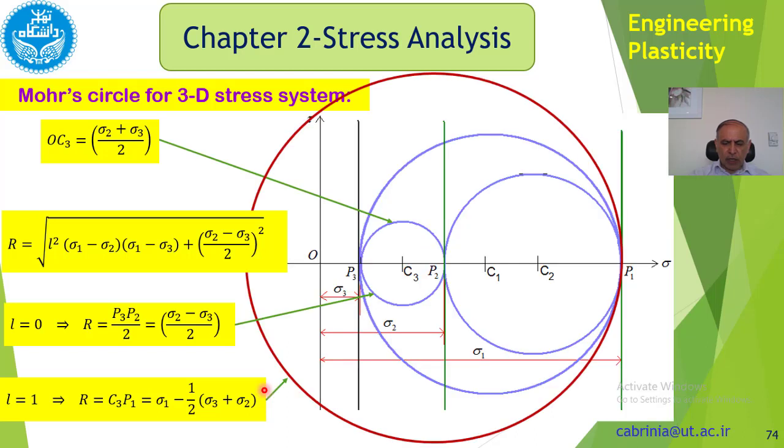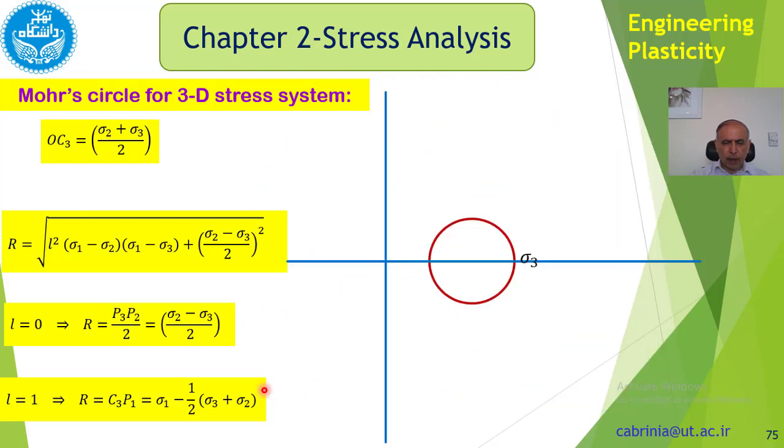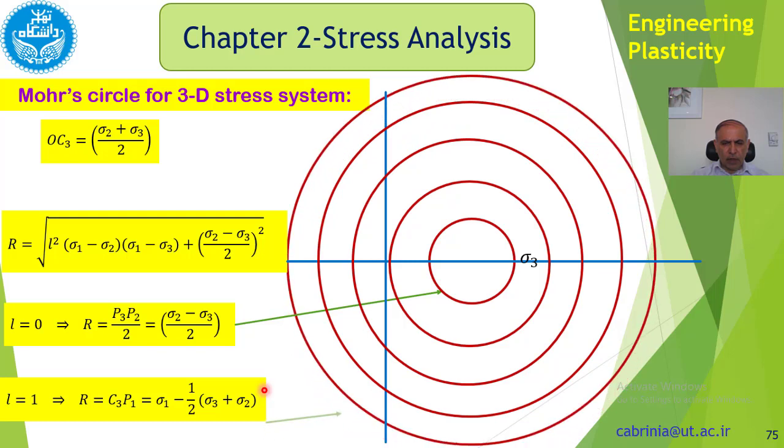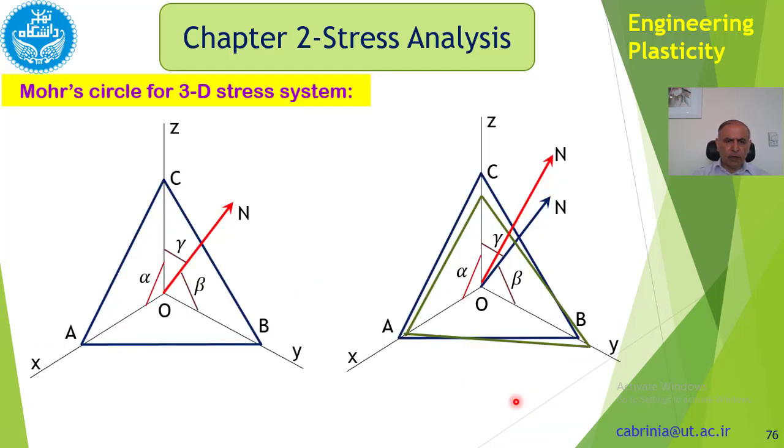So the changes here are like this. As you can see, the circle grows as we change the value of L from 0 to 1, and we get something like this.